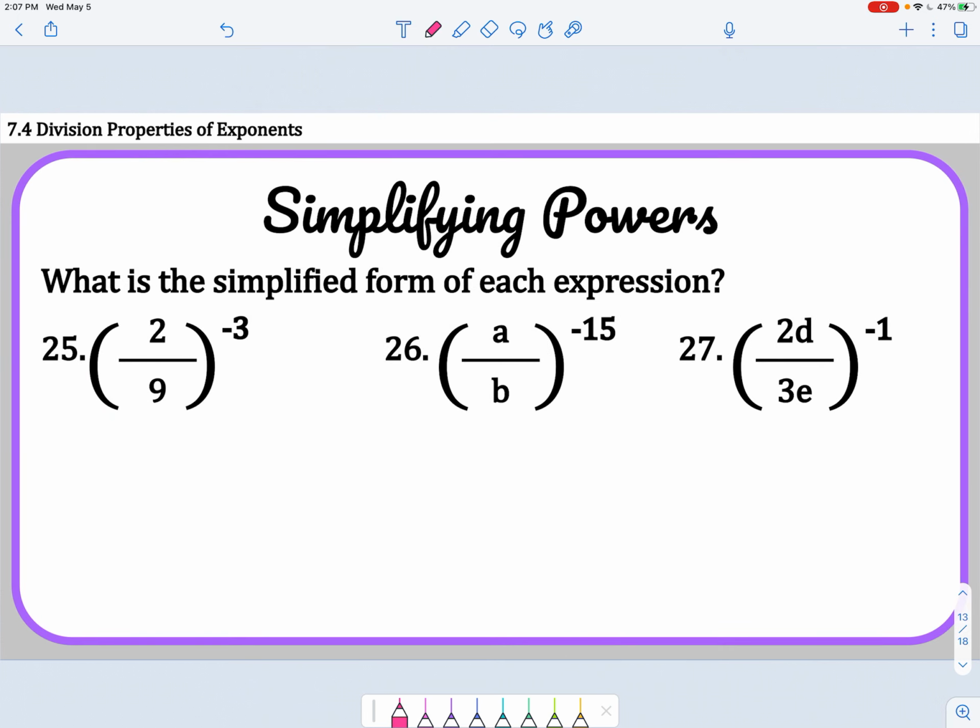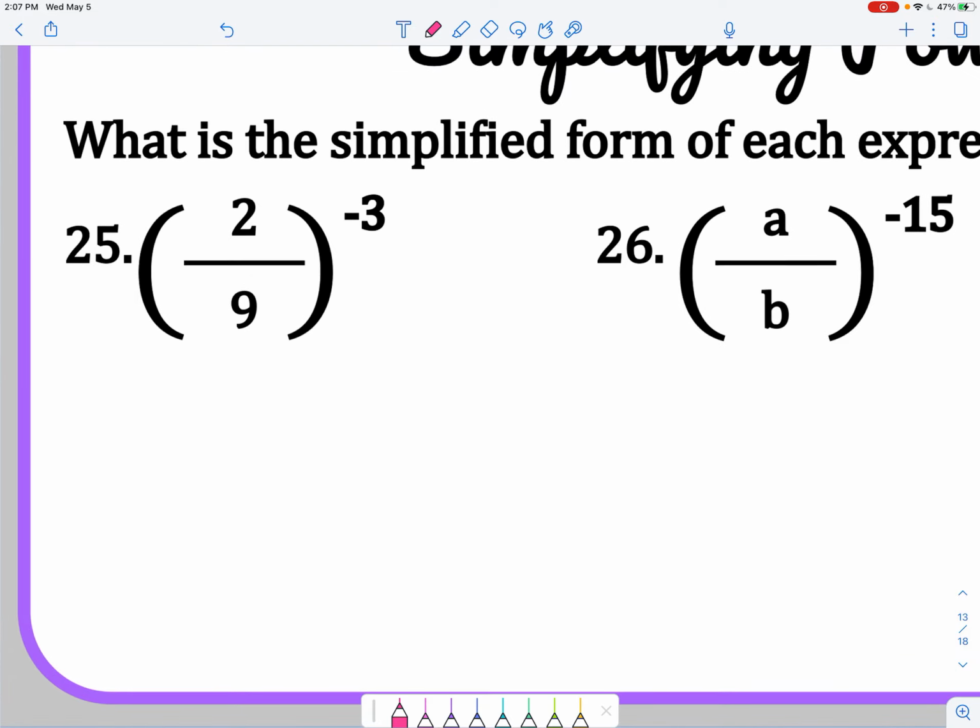Okay, so when you've got a quotient being raised to a negative exponent, there's a couple different ways that you can handle the problem. You can treat it the same way that we did before. You can just multiply and get 2 to the -3 over 9 to the -3, and then of course use our properties that tell us anything with a negative exponent needs to move to its reciprocal location.